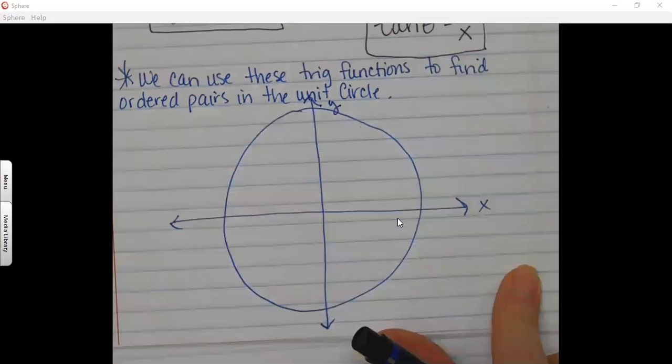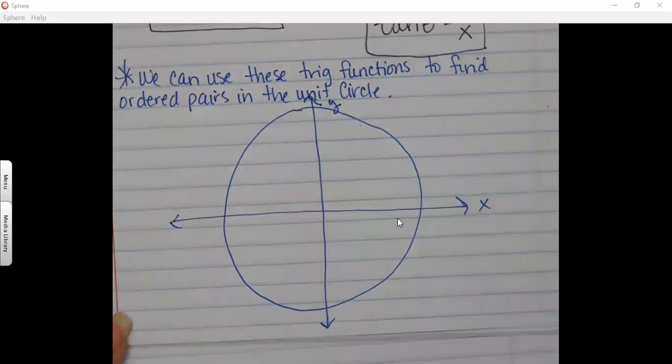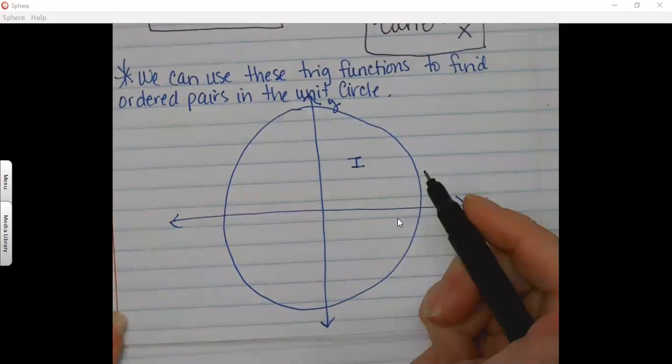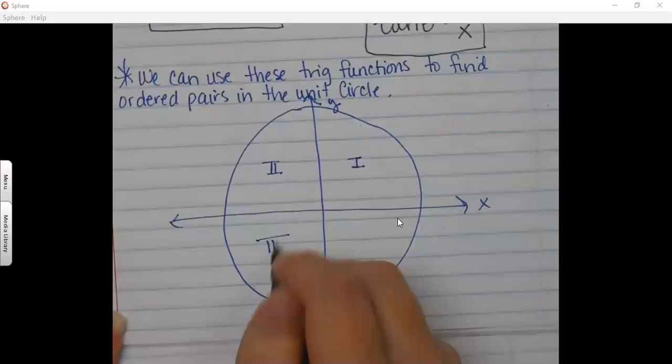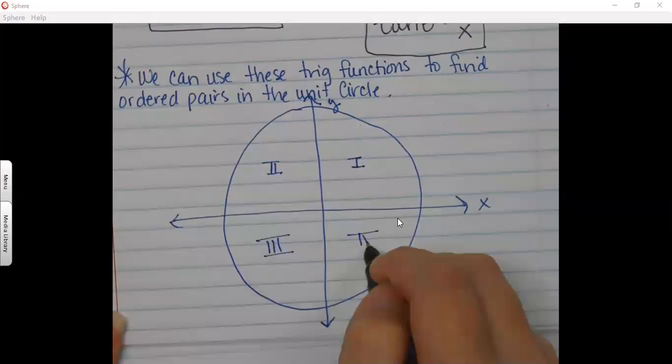What do I call the quadrant in the upper right corner? That's quadrant 1. What about upper left corner? 2. See how it goes counterclockwise? What about bottom left? 3. And bottom right, 4.